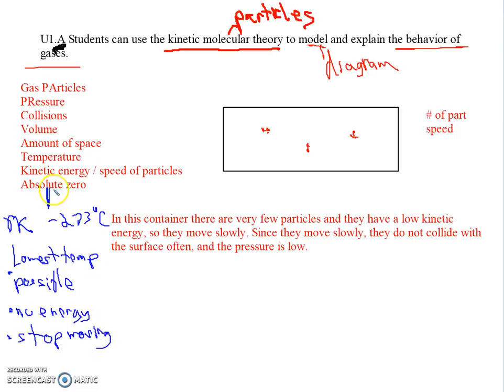And you can probably think, if they're stopping moving, what's that going to do to the pressure because of what it does to the collisions? Okay, this is on page, I believe, 1.4 and 1.5. If that's not right, then it's very close, so you can figure it out. Just look around for it.